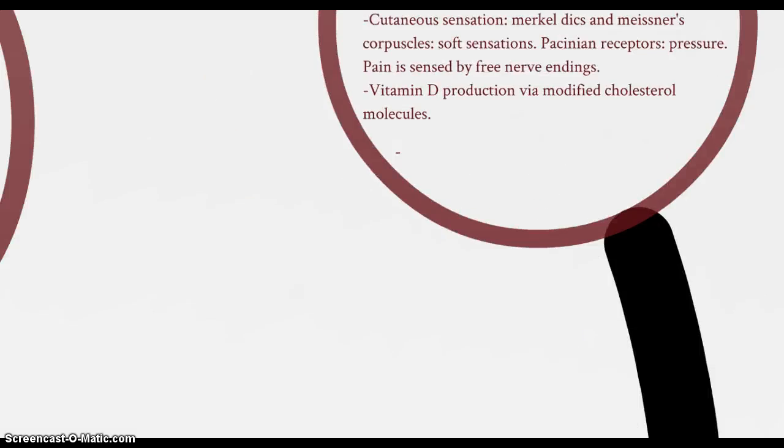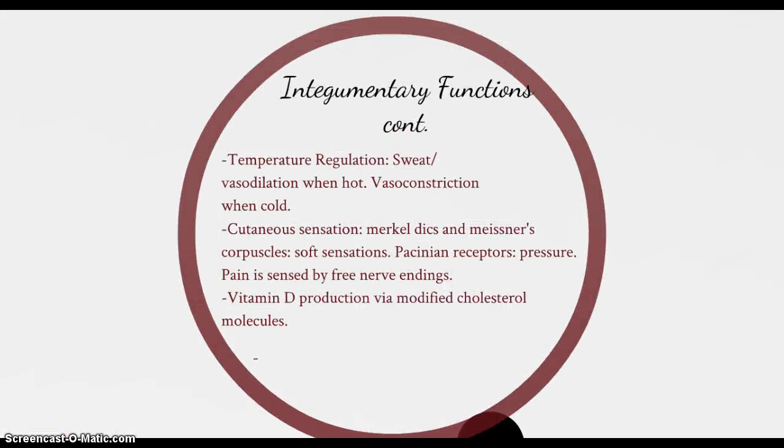So let's continue with the integumentary system functions. You have temperature regulation. You sweat when you're hot, and the sweat is caused by vasodilation, which increases the metabolic activity of the skin. Sweat evaporates, which dissipates heat from the body. And then there's vasoconstriction when you're cold.